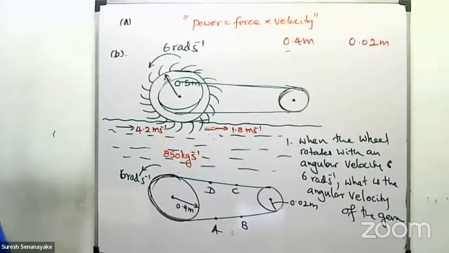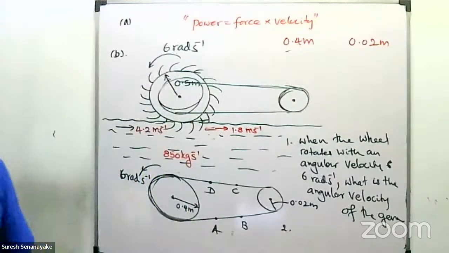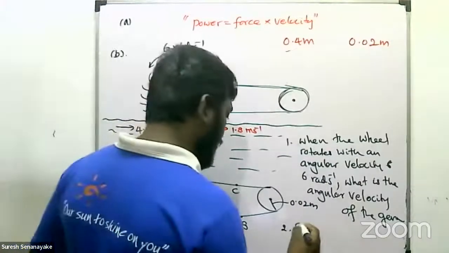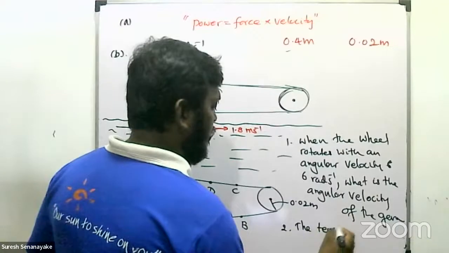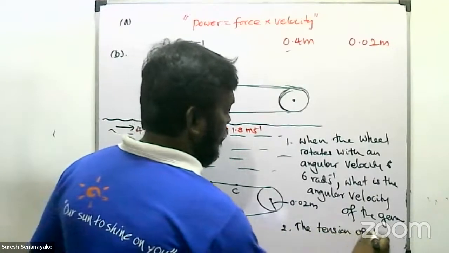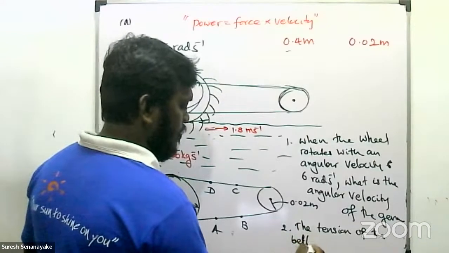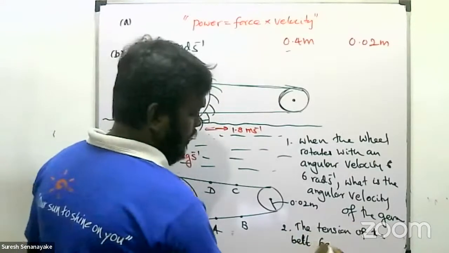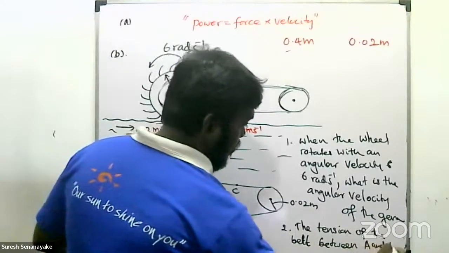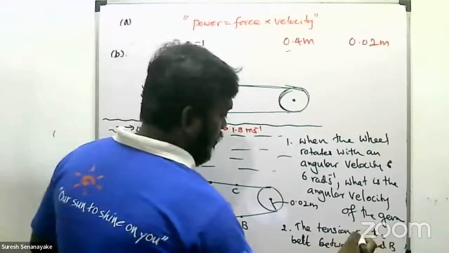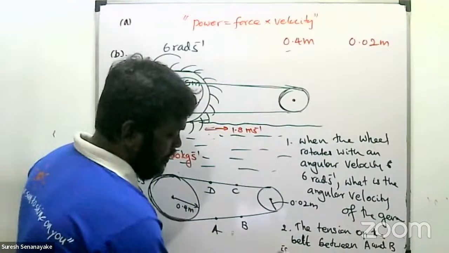And then the second part, that's the last part, right? The tension on the belt between A and B is 50 Newton.